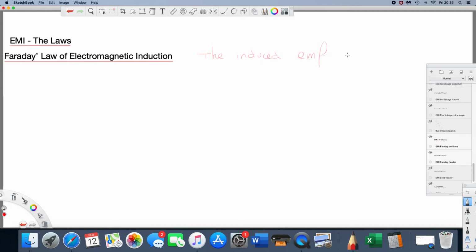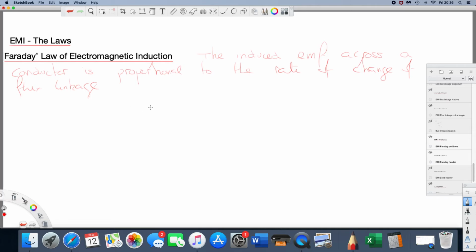The induced EMF across the terminals of a coil, across a conductor, I'm going to say, is proportional to the rate of change of flux linkage.